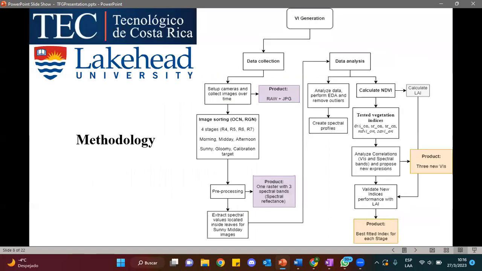So now talking about the methodology, you can see here the flow chart. First, the data collection consists of the camera setup that I mentioned before.